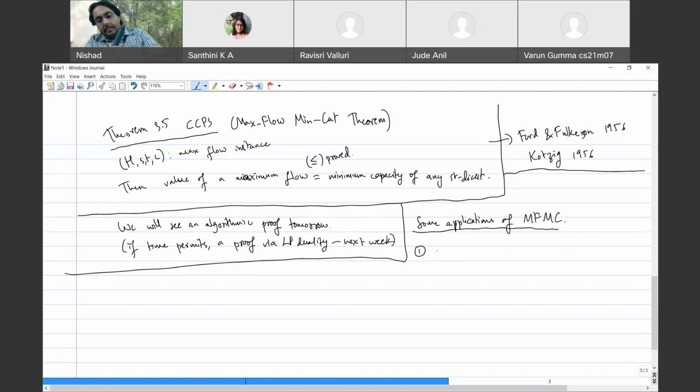So one of them is simply, on assignment 5, which I'm hoping to release this week, you'll be proving that in a bipartite graph, the cardinality of a maximum matching is equal to the cardinality of a minimum vertex cover. So that is the famous Koenig-Egervary theorem, often known as just Koenig's theorem.